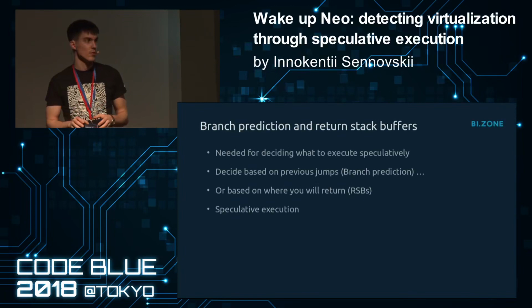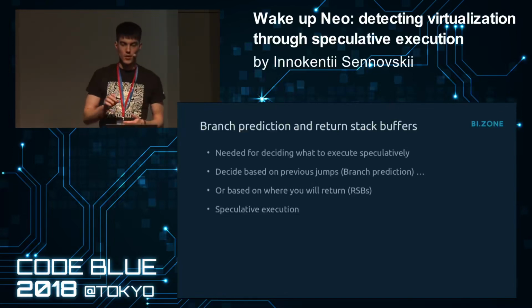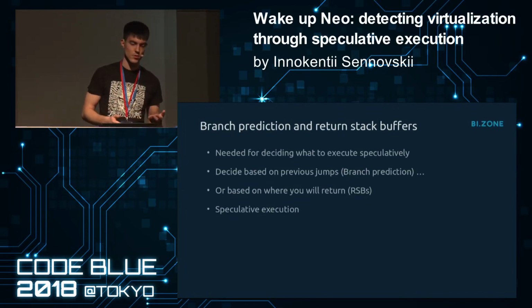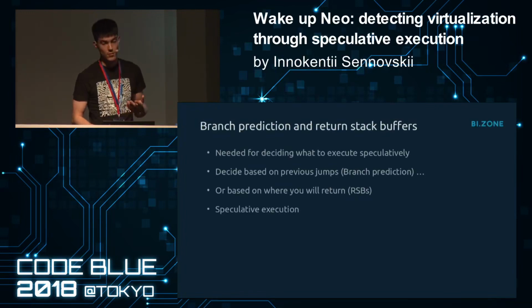And if the execution takes a long time, then the CPU starts to compute the data and execute the instructions after the actual call, getting the information which it has to execute from the return stack buffer. This is what's called speculative execution.